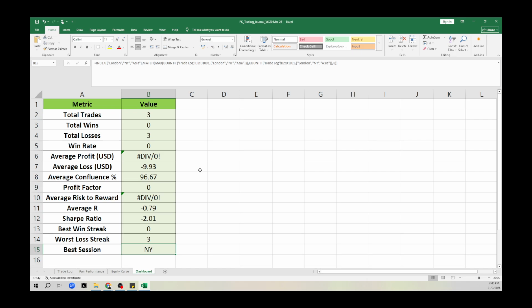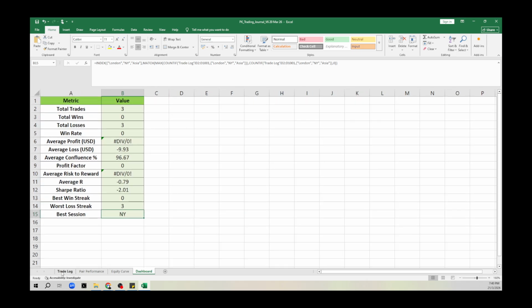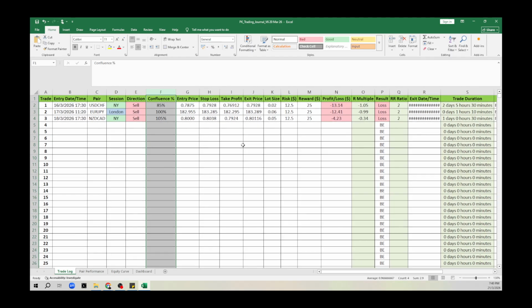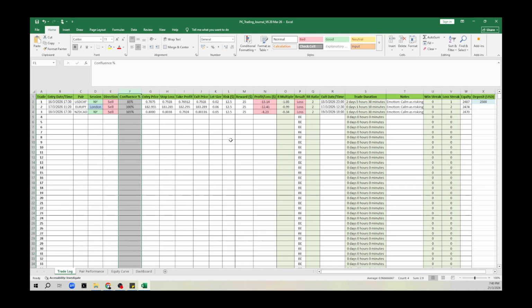So this is pretty much what you need in order to have a very basic trading journal, which I believe is sufficient to become a professional trader. Like I told in the beginning of the previous video, one thing that I see in common that every professional trader has, every profitable trader has, is a trading journal.